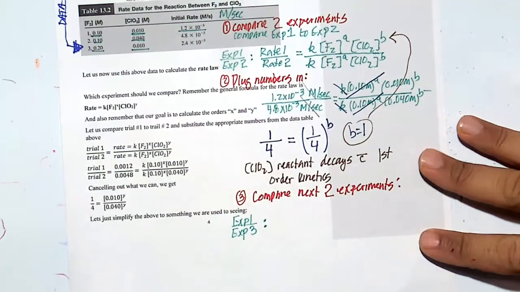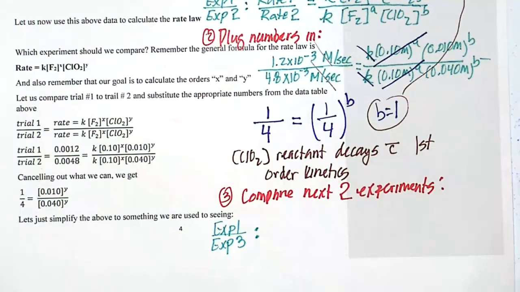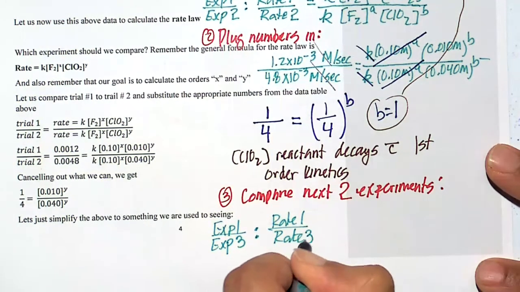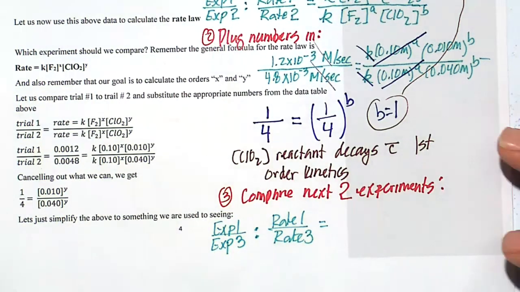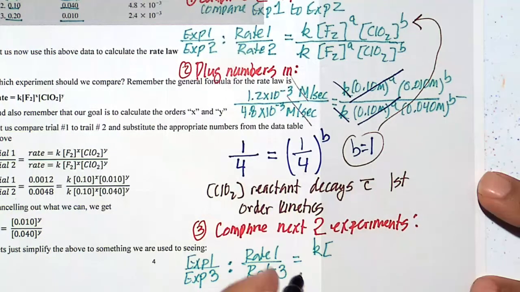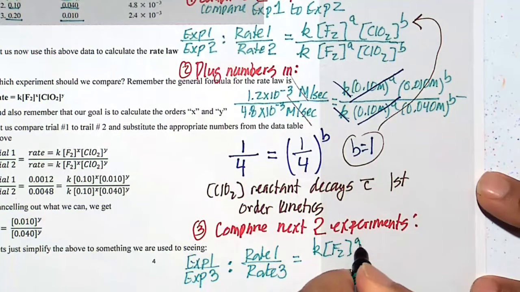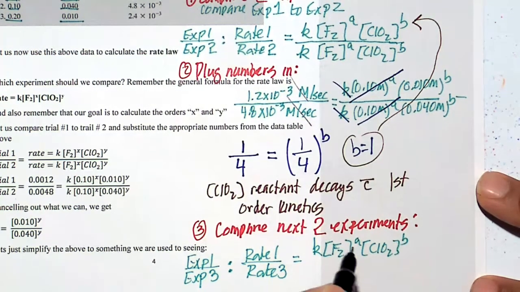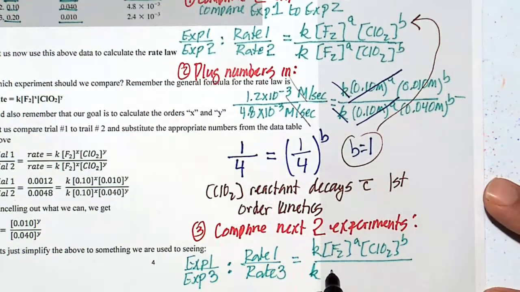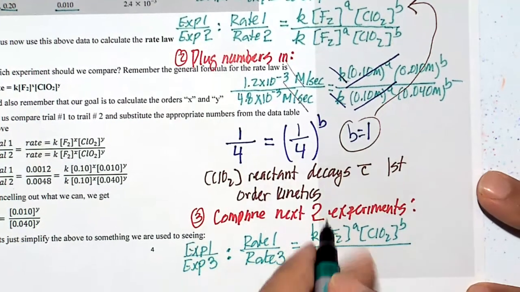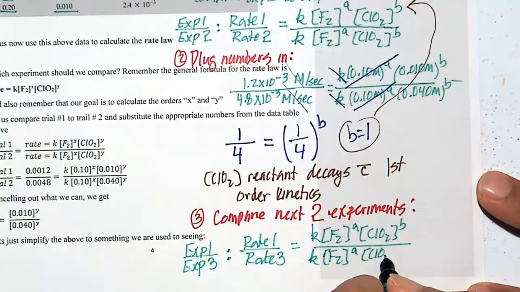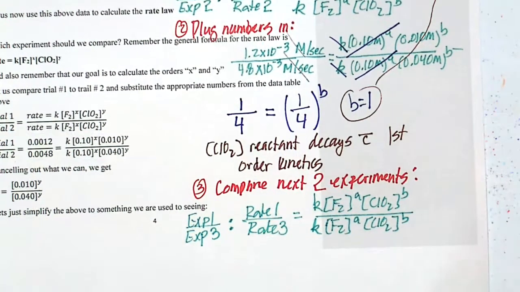Okay, so that means rate 1 over rate 3 equals K times the concentration of F2 to the power of A for experiment 1, times ClO2 to the power of B for experiment 1, divided by rate constant K for experiment 3, times F2 to the power of A for experiment 3, ClO2 to the power of B for experiment 3.